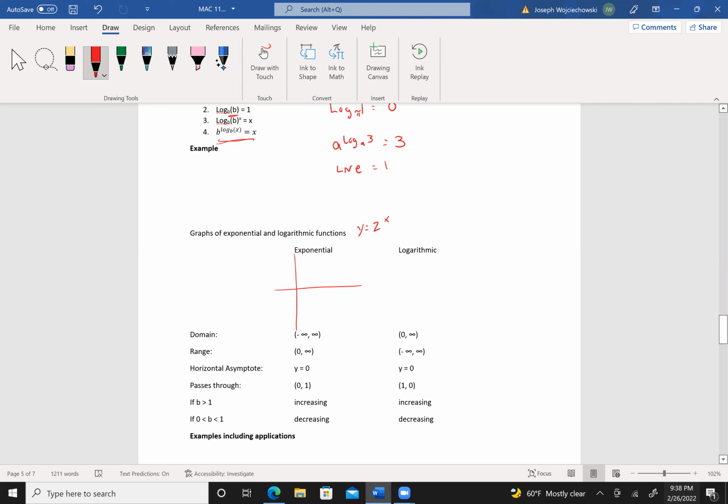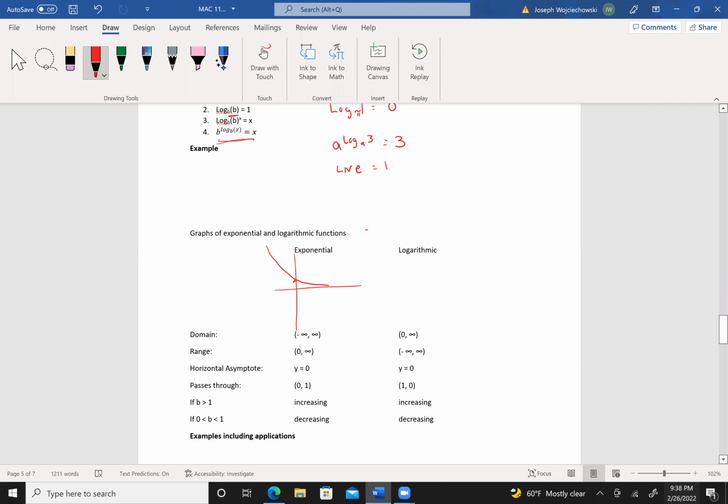Okay, so when x is 0, y is 1. Actually, that's not what we're after, let's just look in general.